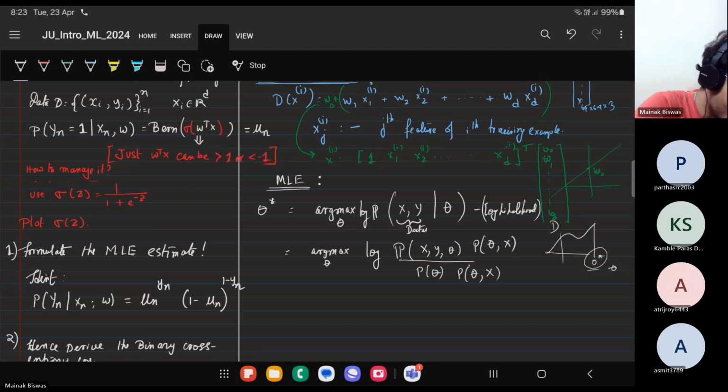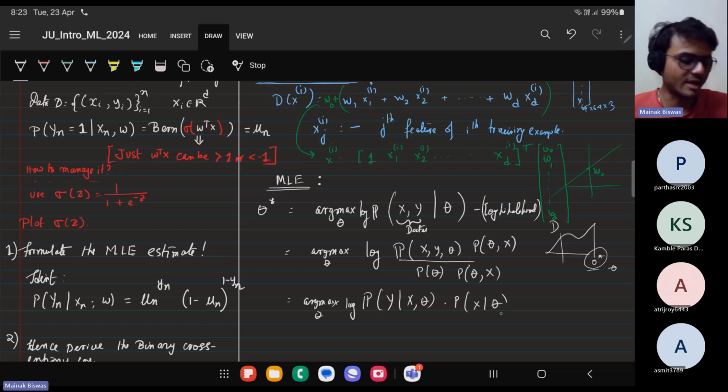So what will this become? Argmax over theta of log of P of Y given X comma theta into probability of X given theta. Is it agreeable to all of you? I hope this is clear to everyone.